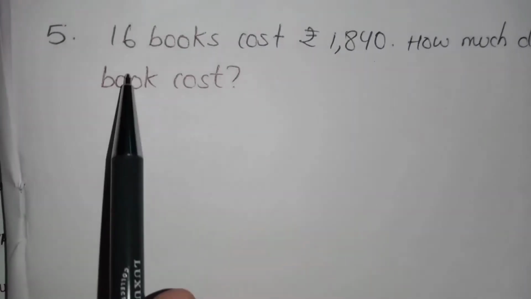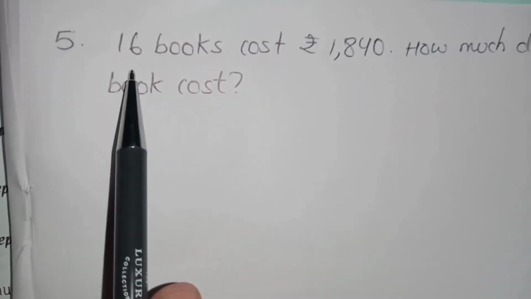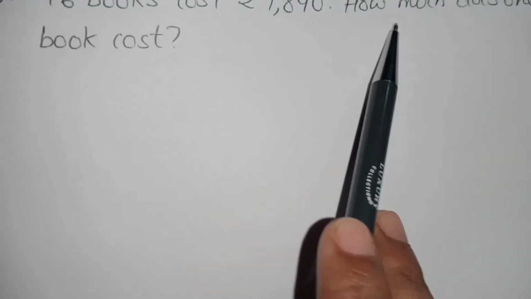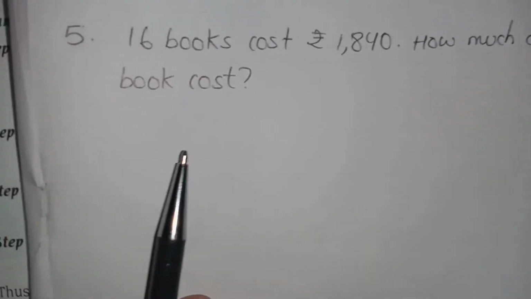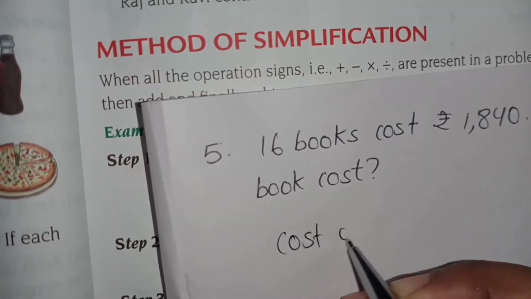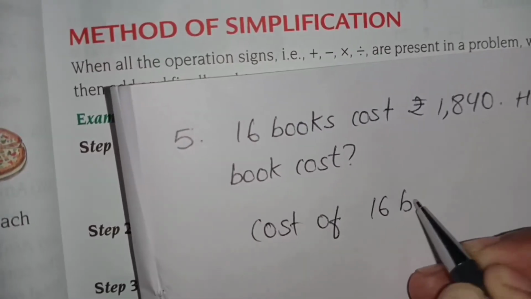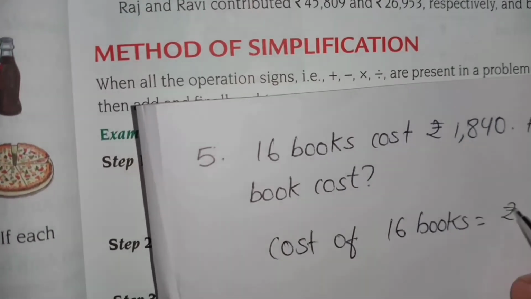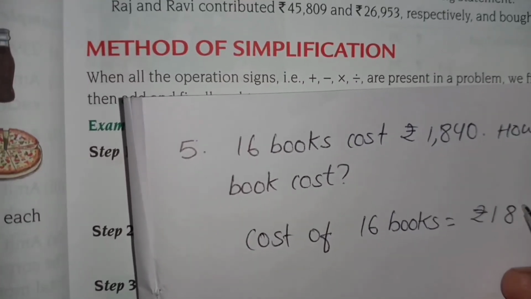Now let's start. So what is the question? Again, let's repeat it. 16 books cost rupees 1840. How much does one book cost? So now let's write here. Cost of 16 books is equal to rupees 1840.